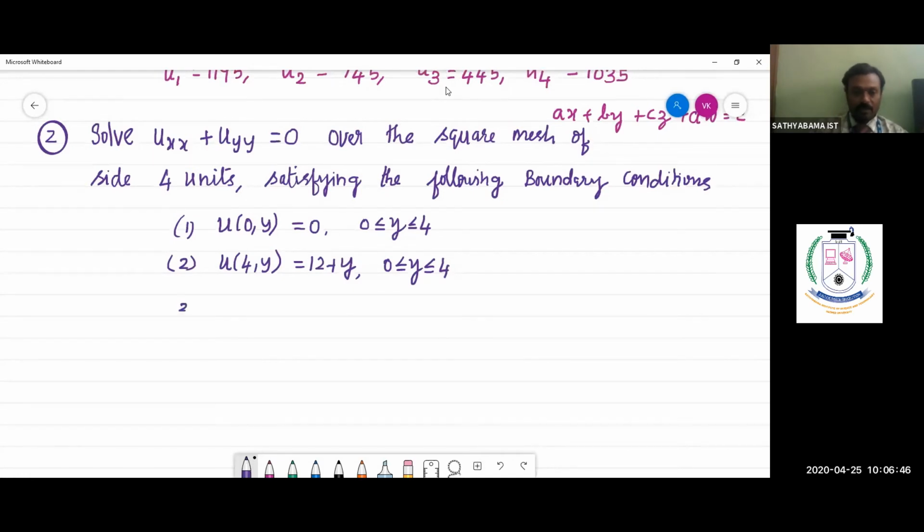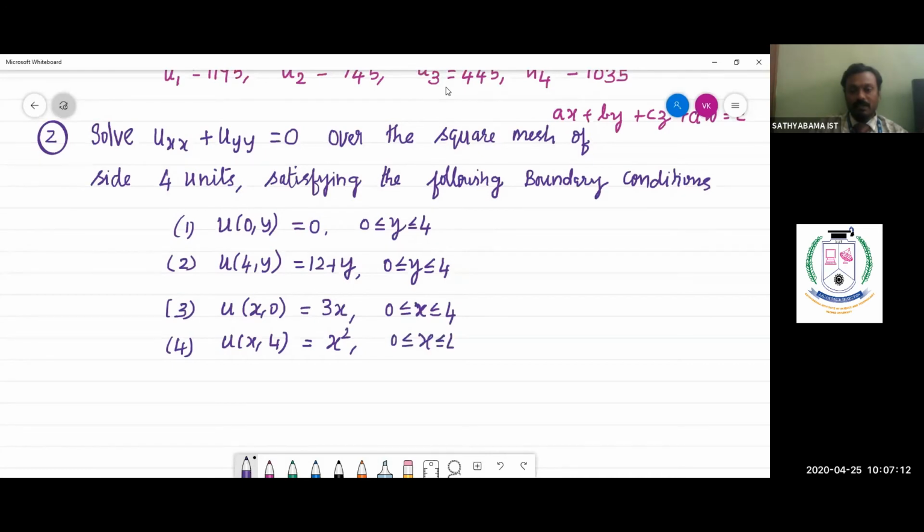And third one, u of x, 0 is equal to 3x for 0 less than or equal to x less than or equal to 4, and u of x, 4 is equal to x squared for all the x values between 0 and 4.